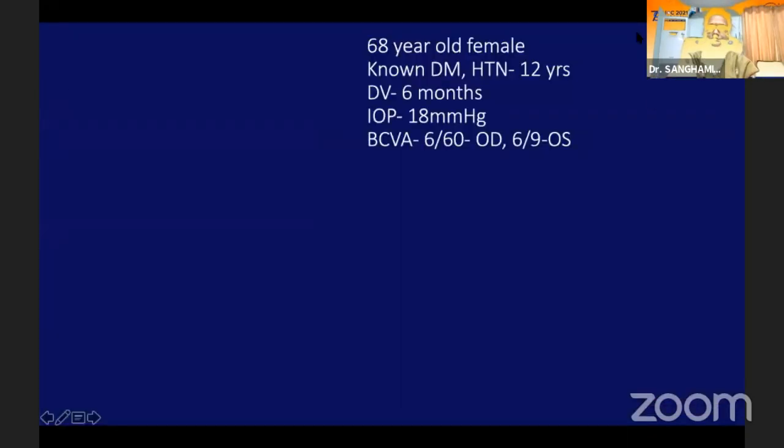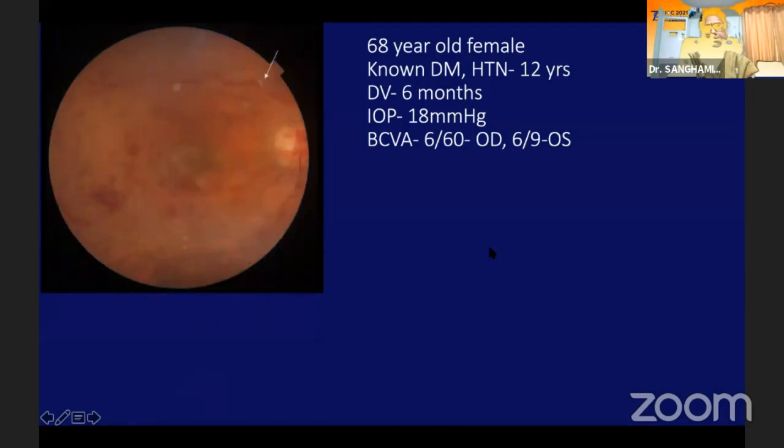My second patient was a 68-year-old female, known diabetic and hypertensive for the past 12 years, with defective vision for the past 6 months, intraocular pressure of 18 millimeters of mercury, and best corrected visual acuity of 6/60. On fundus examination, there were hemorrhages in almost all the quadrants with seeding of the vessels, which probably pointed towards an old central retinal vein occlusion.